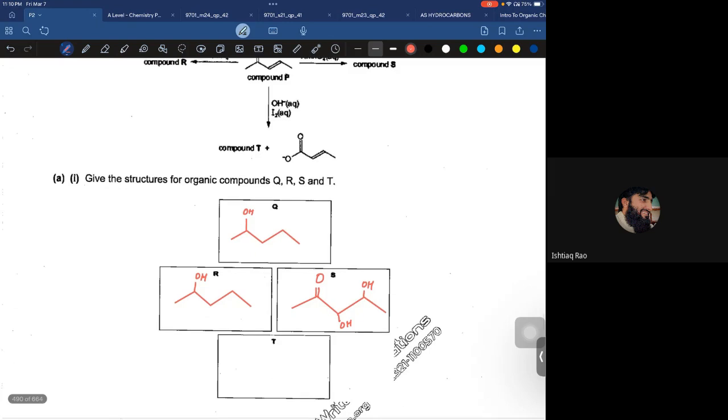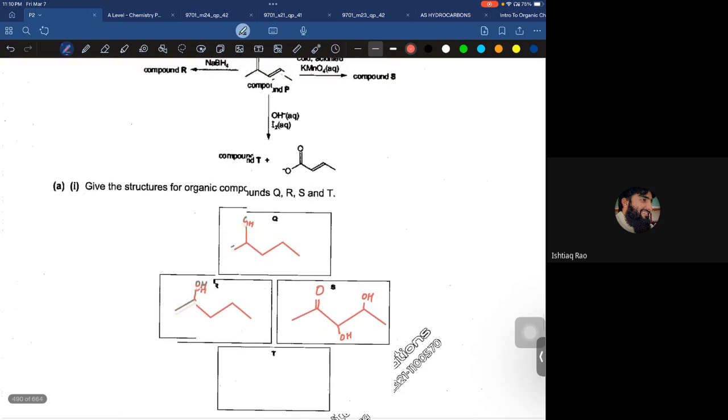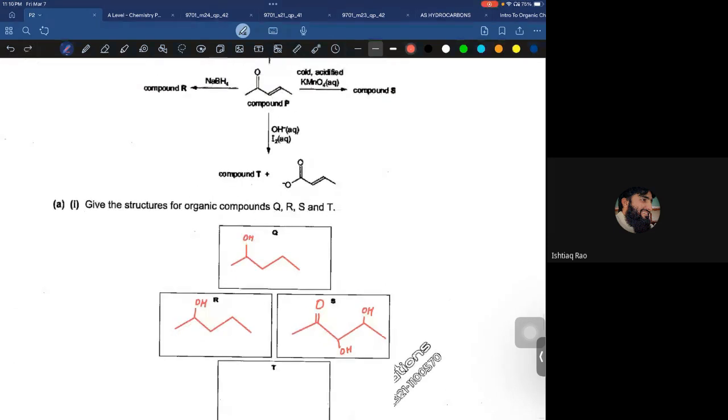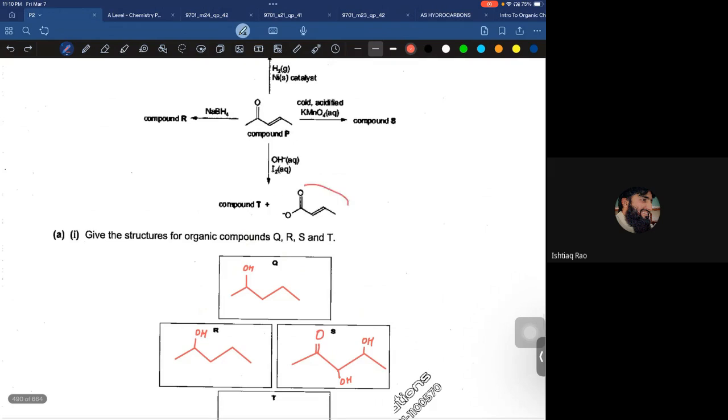And if you can see T, that means this is the iodoform test. I told you in the iodoform reaction, carboxylate ion is produced. And what would be compound T?